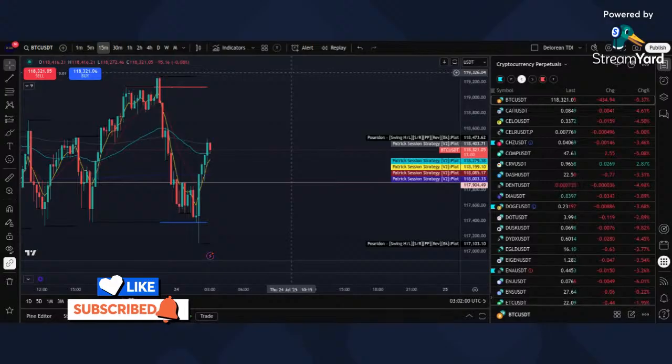2 minutes past the hour. No new trades for 3 o'clock in the morning.